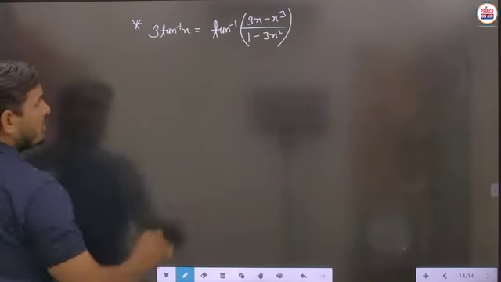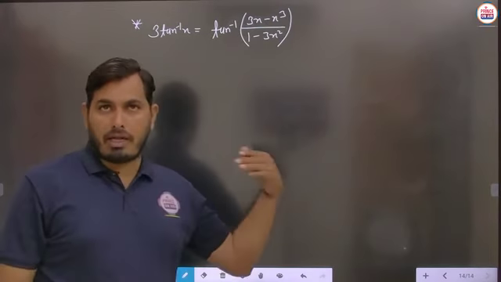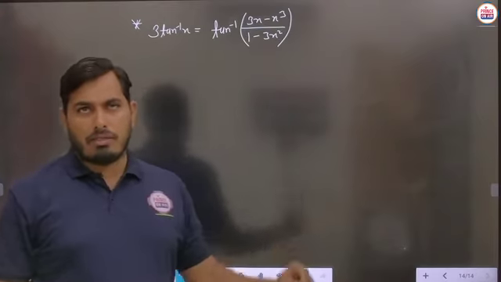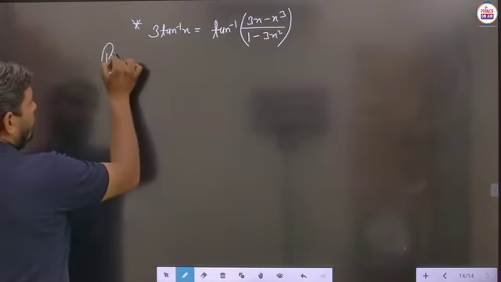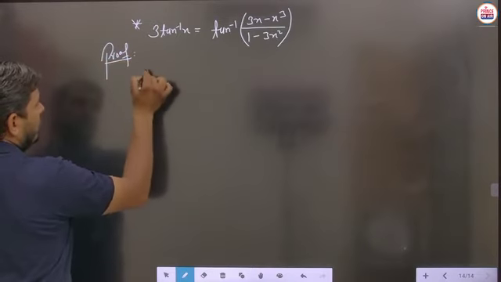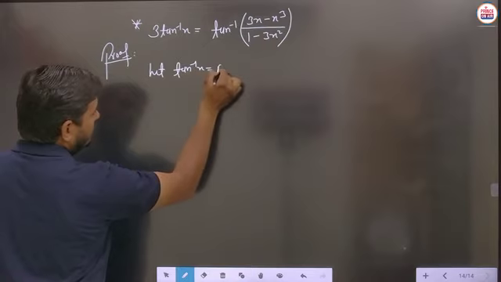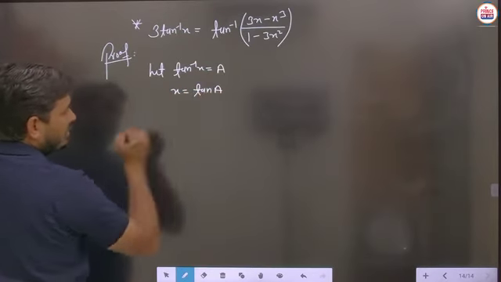Now we will write some situation here. So this particular formula depends on tan 3 theta. We have to know the formula of tan 3 theta. You can easily derive this part. So in the proof of this particular part, let tan inverse of x be taken as a, then x will be taken as tan a.